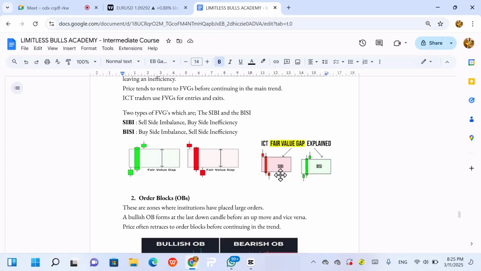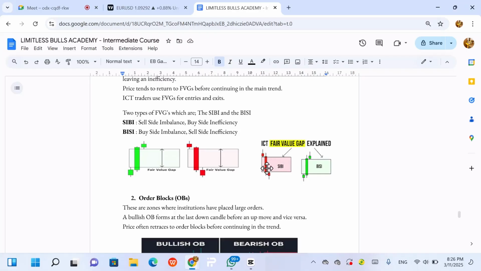So you can see this is CB. What is CB? Sell side imbalance. Why? Selling orders have overloaded this market, and you can see there's an imbalance reaction at this point. That's why this gap is open.